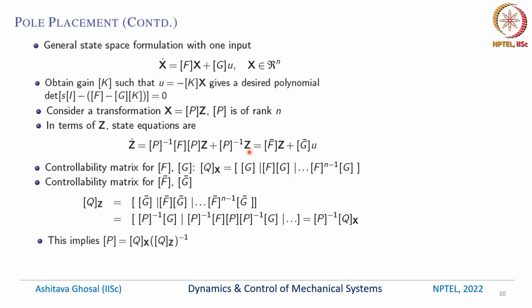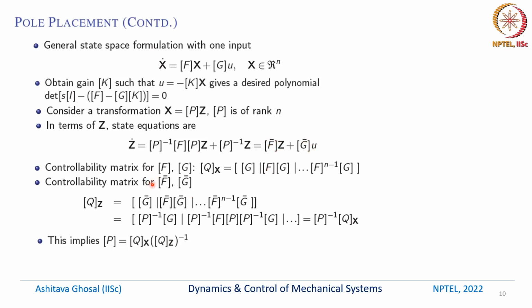Okay, we have seen this earlier. When we first discussed state space, we discussed how we can use the matrix P to diagonalize this F matrix. Here we are not going to do diagonalization, but basically we are doing some transformation from x to z. So let us call this P inverse F P as some F bar z plus G bar u.